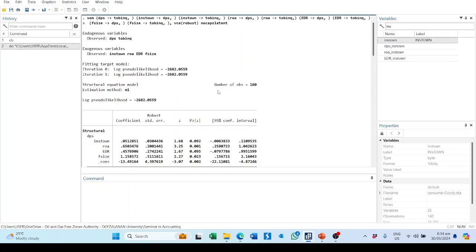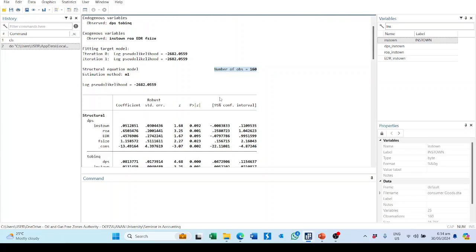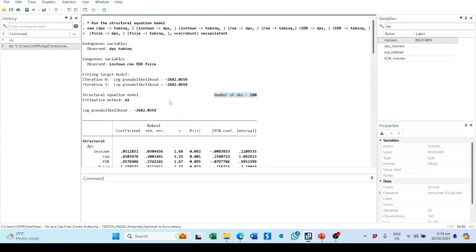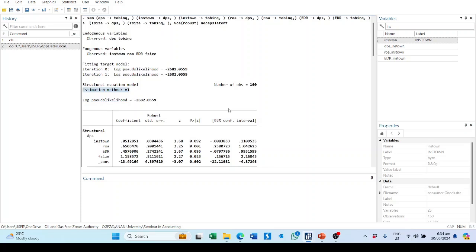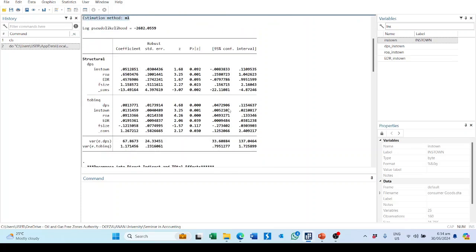Like I said earlier, the total number of observations is 160, and there are two endogenous variables, that's the dependent or outcome variables, while we have 4 exogenous variables, that's the independent variables, and the estimation method used was maximum likelihood, and we'll see the results.